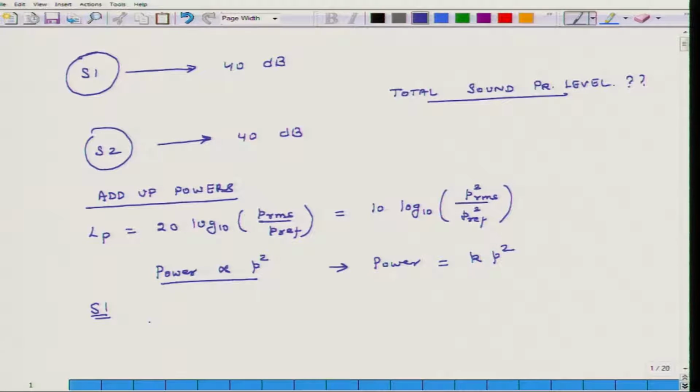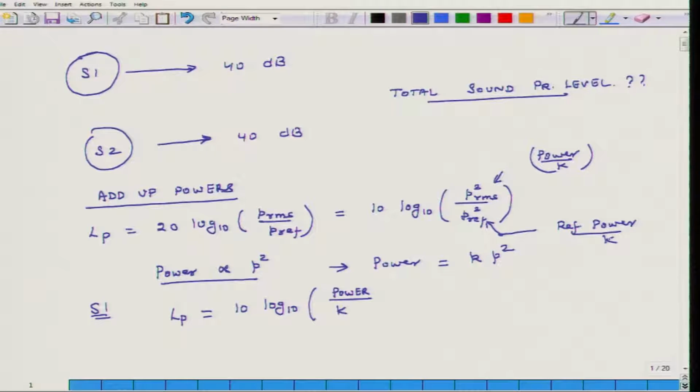So, what we will say is, this P RMS square is equal to power by K. So, I can say that for source 1, LP equals 10 log10 of power of source 1 by K, divided by reference power divided by K, so this is equal to K by reference power.